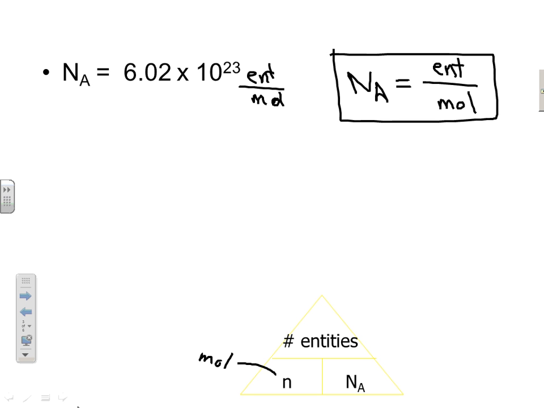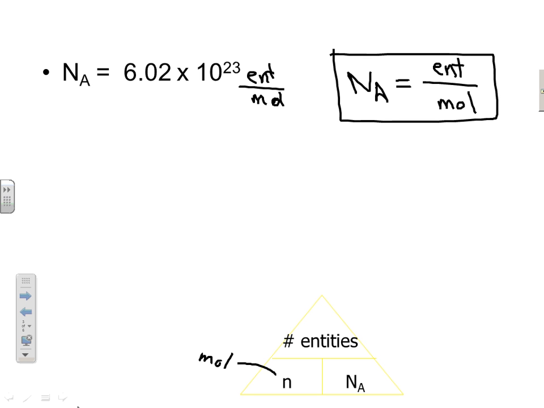That's the equation we're going to use. I don't want you to worry about symbols. We can use the units themselves to create the equation. So if I have this number, say, written on your test as a data table, you actually can get the equation because Na is equal to entities divided by moles. It's built right into the units, okay?